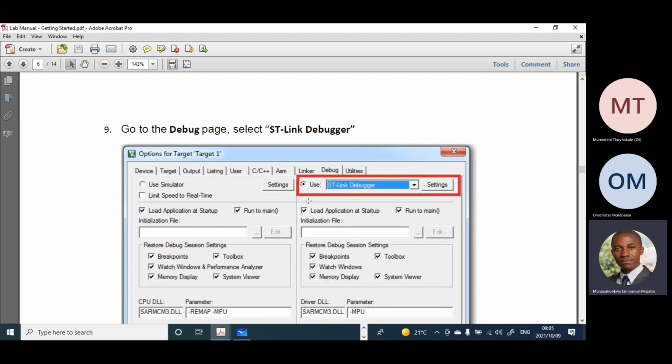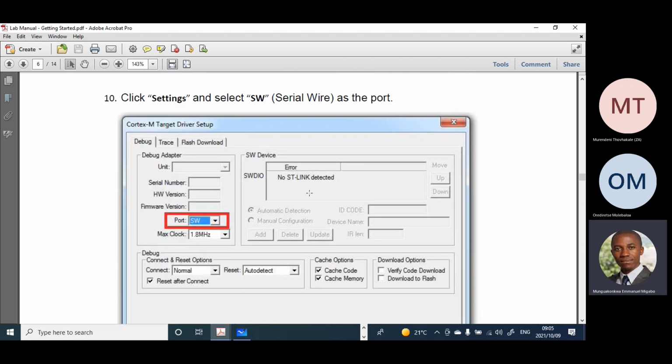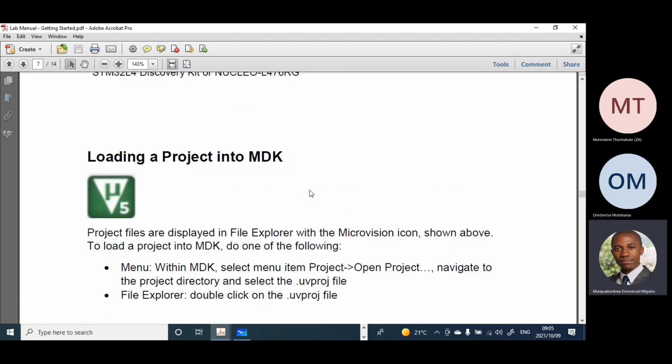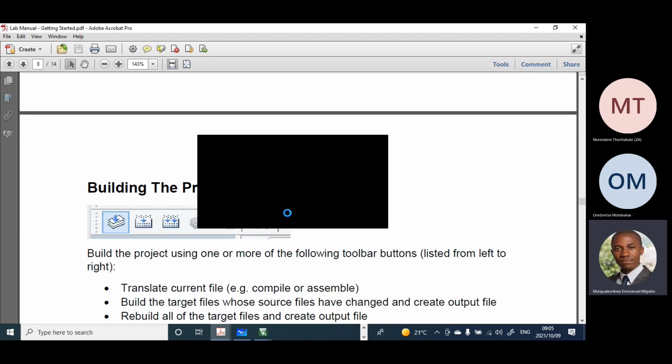That will be the actual hardware debugger that you connect on the board as you do debugging. We set it up by means of a serial wire and a serial port, and we'll go through this in more detail as we get to the practical. I just wanted to let you know about which platforms we are using for the practical side of the subject.